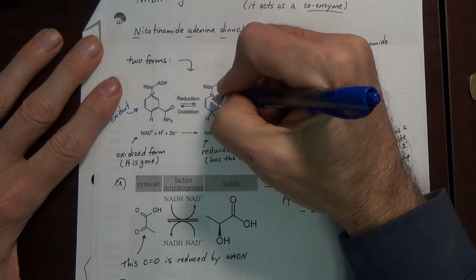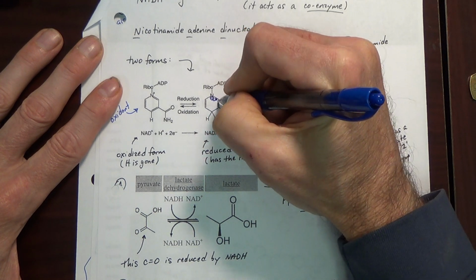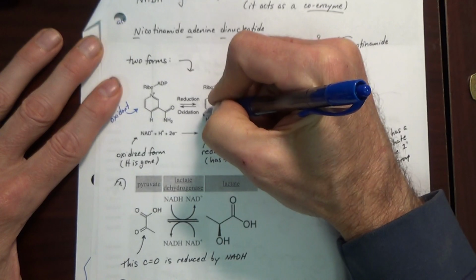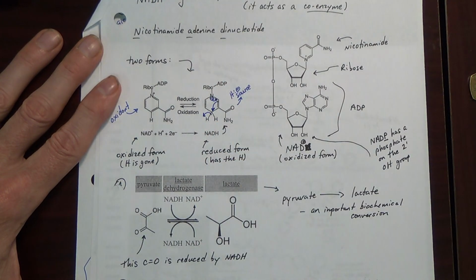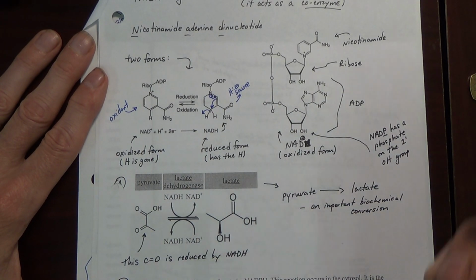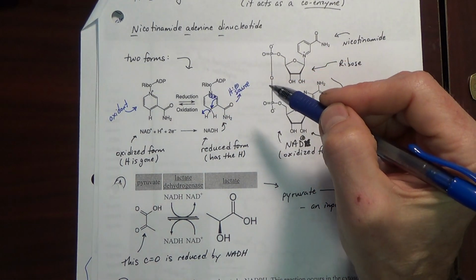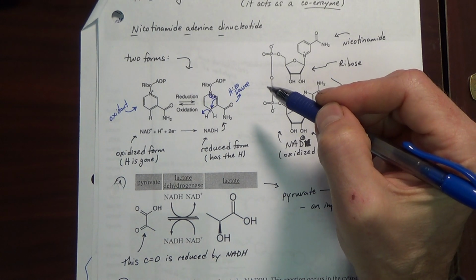How this works is these electrons move here, these electrons move here, and kick off an H and the 2 electrons. Kick off a hydride, just like sodium borohydride kicks off an H-. Well, it's not exactly.